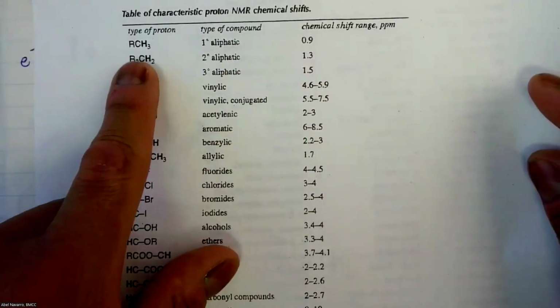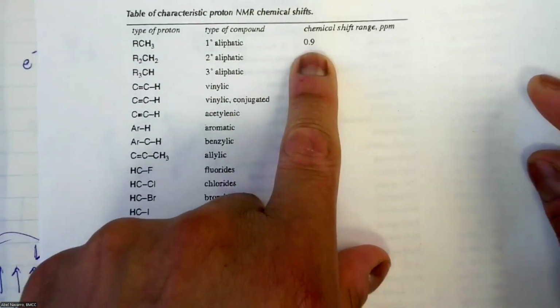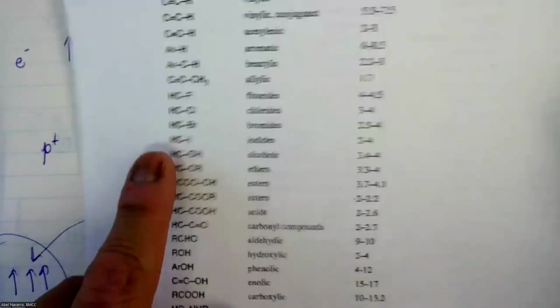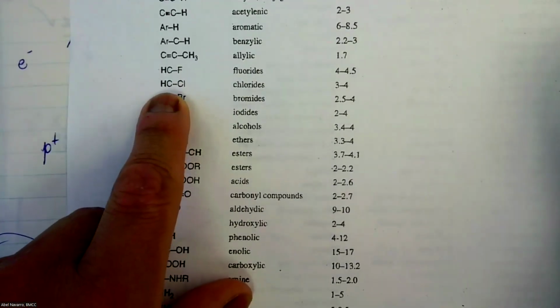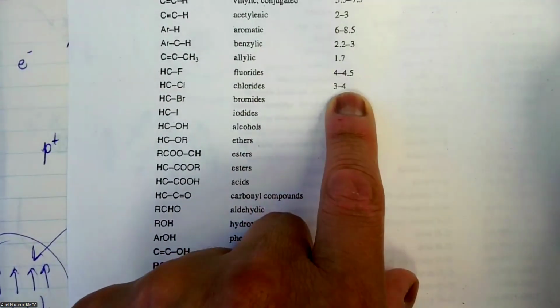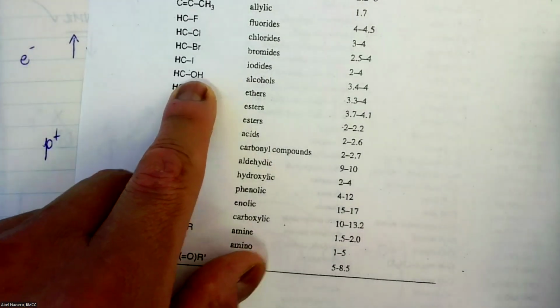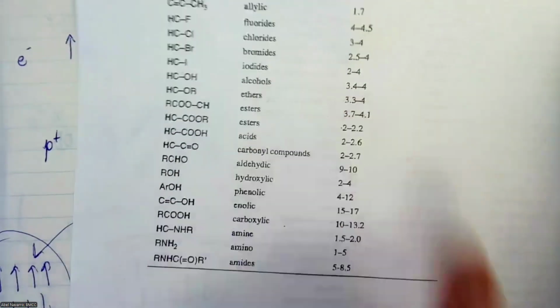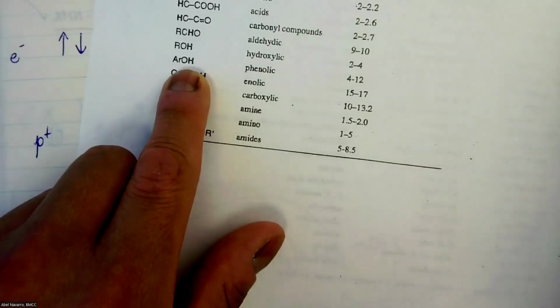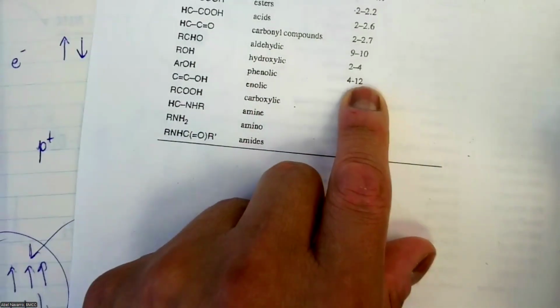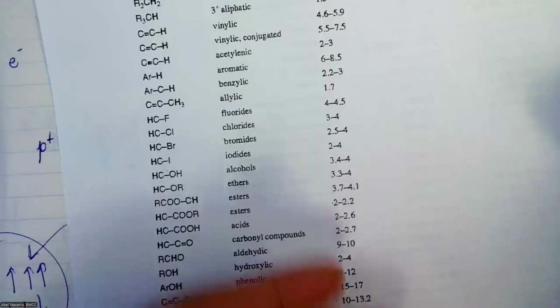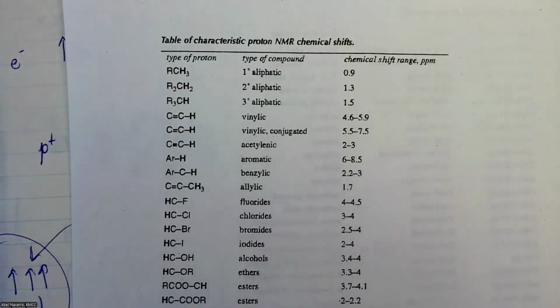For example, a CH3 will show up around 0.9. A hydrogen next to a chlorine will be 3 to 4 ppm. A hydrogen next to an OH, to an alcohol, will be 3.4 to 4. An OH aromatic is from 4 to 12. See, there are different types of chemical shift, which tell you that not all the hydrogens will have the same chemical environment, right?